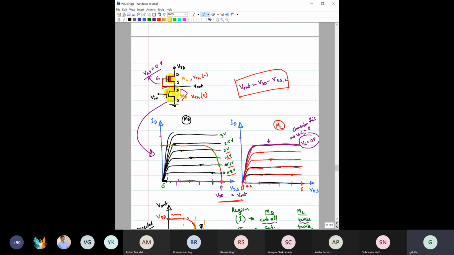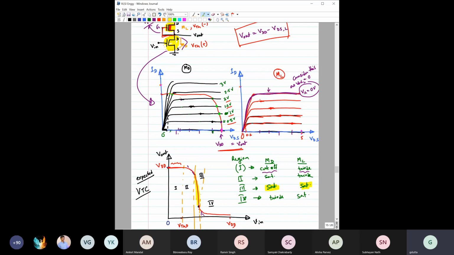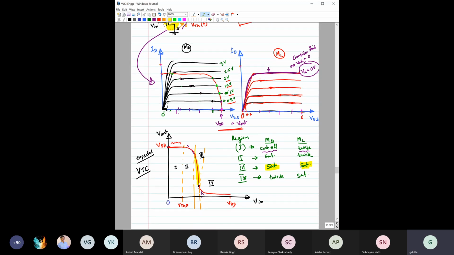From there take dV out by dV in, and that will give you the slope. We are not doing this again and again, it is repetitive. If there is something new, obviously we will do that. I hope that if a numerical question is asked, you will be able to solve it.